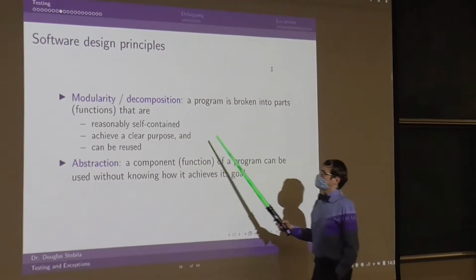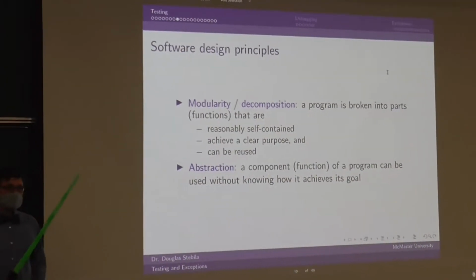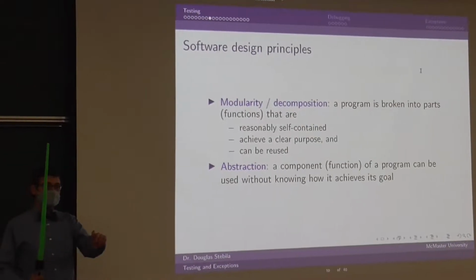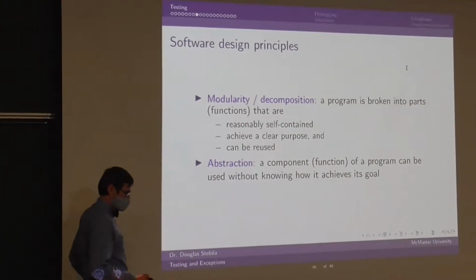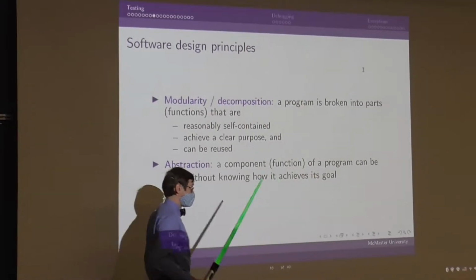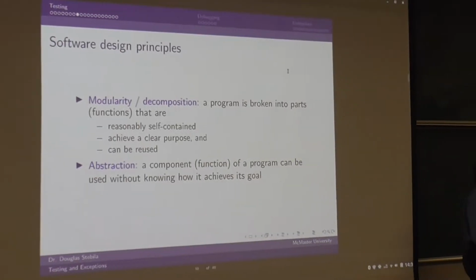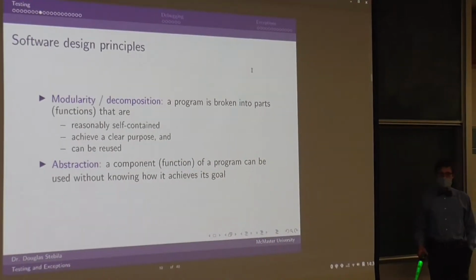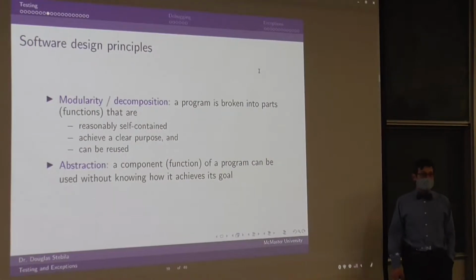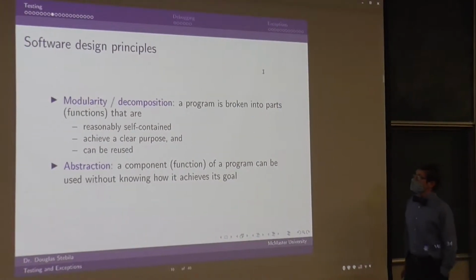So you want to take a large problem, break it into tiny little pieces that are easy to solve, and then by the composition of those, put together a larger program. Small programs are much easier to work with and deal with than large programs. When a program becomes large enough, it is virtually impossible to do anything with it anymore.